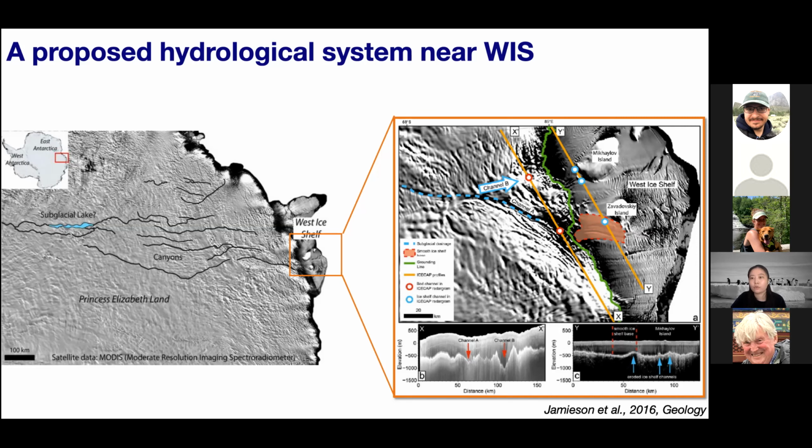So we also consider subglacial discharge as a factor that affects the melt rate in this region. This is the first study of West Ice Shelf's sensitivity to ocean changes and subglacial discharges.